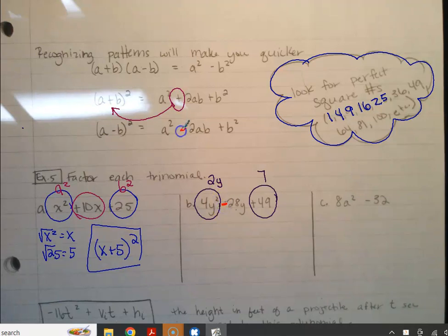Sorry, so it's 2y minus 7 squared. You got it. That's the shortcut.